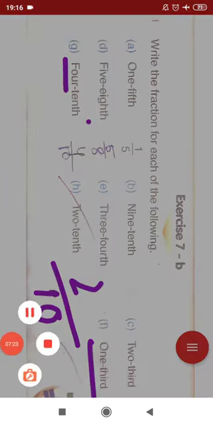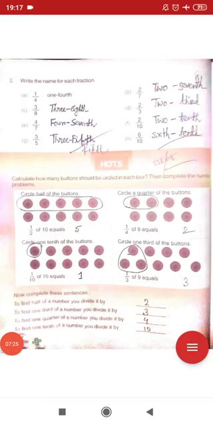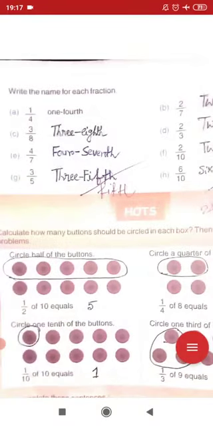Now move on to the next page. The heading is: write the name for each fraction. For all these numbers, we need to write down the name. So how to write down the name? Using letters, using words. Look at the first one, 2a. 1/4 is the fractional number.